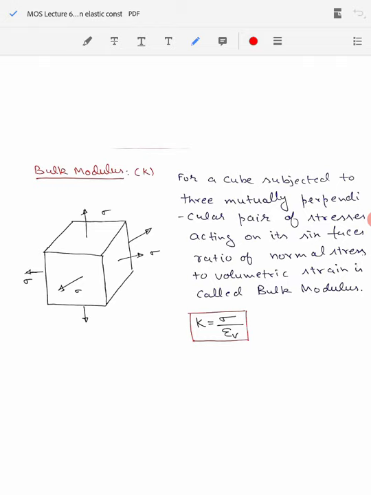So we have taken up a case of a cube which is subjected to the same amount of tensile stresses acting on all six faces, and if we divide this value of the stress with the volumetric strain that will be produced because of the application of stresses in this cube, that is termed as the bulk modulus of the material.